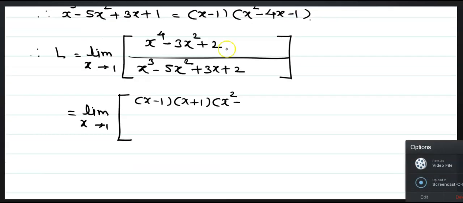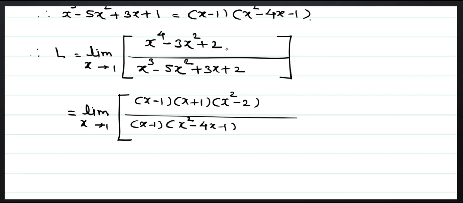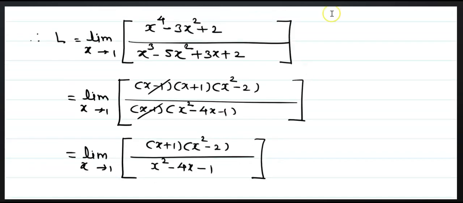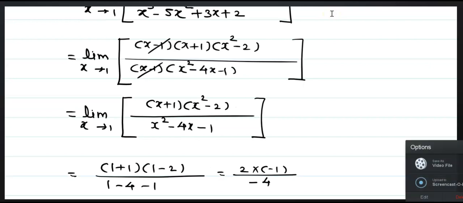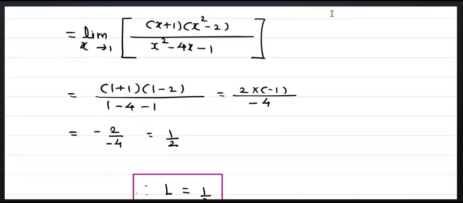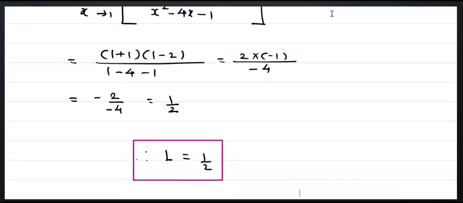Now you can see this. x minus 1 from the numerator will get cancelled. Next, substitute x equals 1. Therefore L is equal to 1 upon 2.